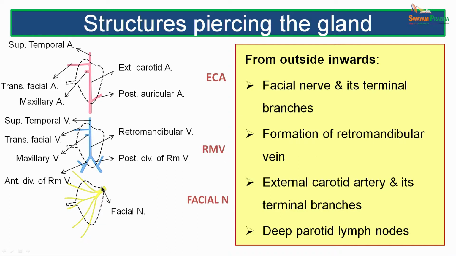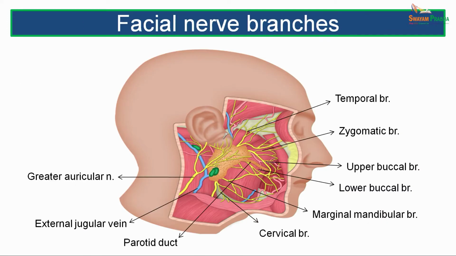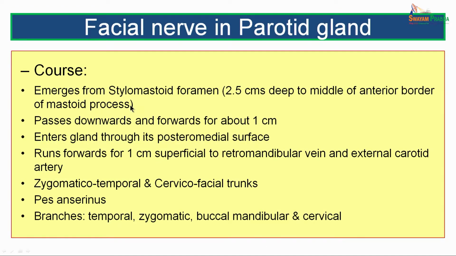The facial nerve is the most superficial structure present inside the gland. The facial nerve enters the gland by passing through the upper part of the posteromedial surface. Let us trace the facial nerve in the gland.